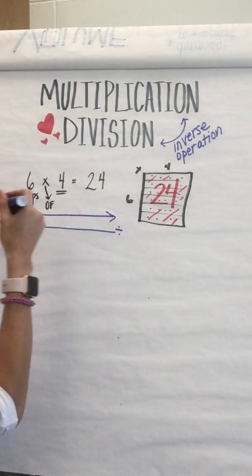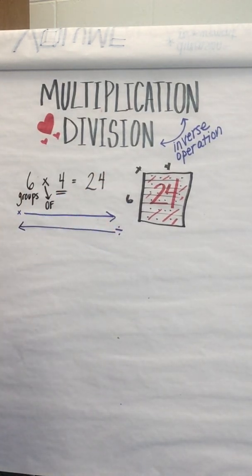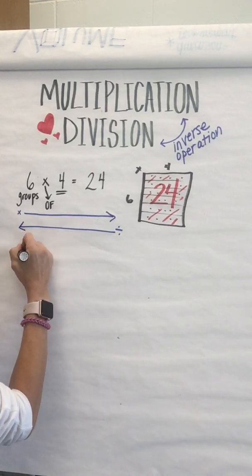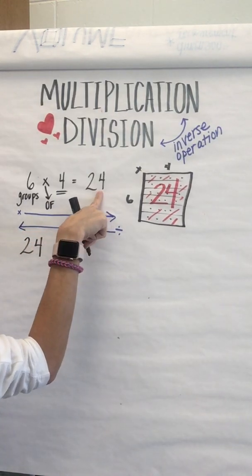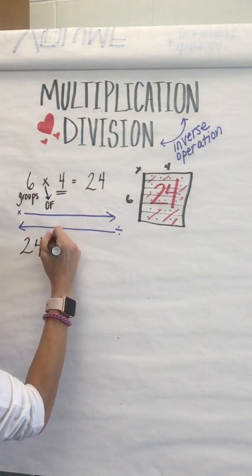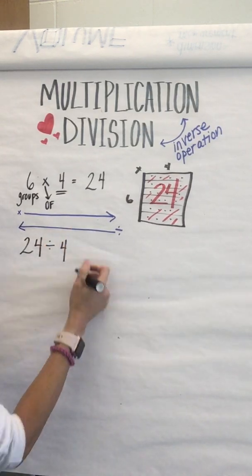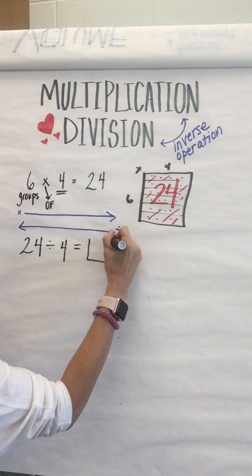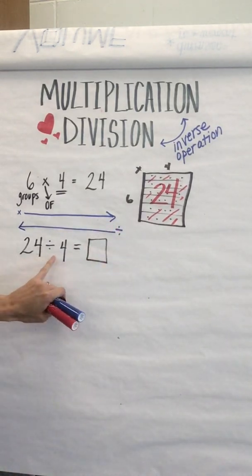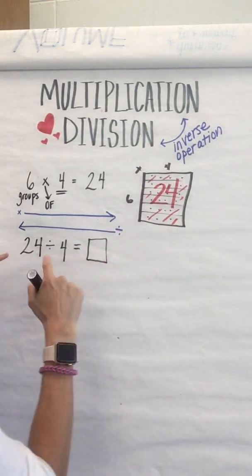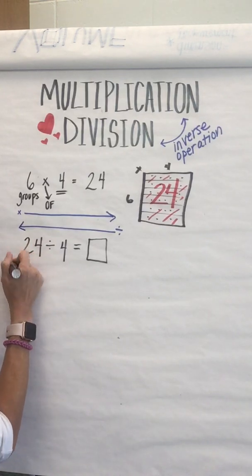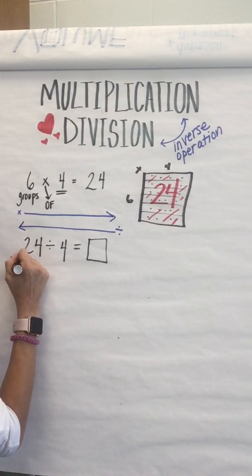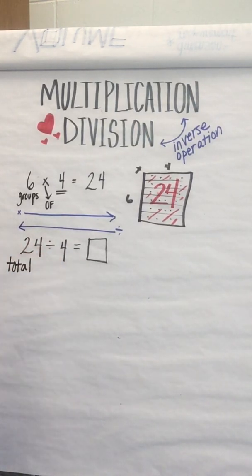Now I'm reading it almost backwards: 24 divided by 4, and that equals, well, I don't know what it equals, so let's fill that in a minute. To read it like this, now I know my total, or my area.